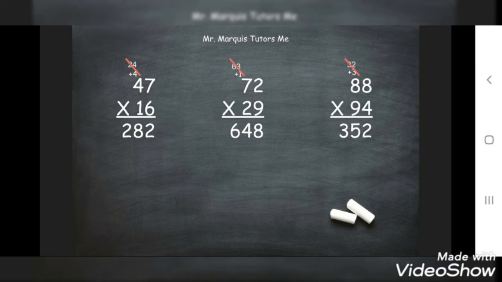Now, scratch those out. Those that you carried over, scratch those out, because now we have a tens place that is also being multiplied by that. Now you'll do the same thing. Now you'll take the tens place, multiply it by the ones place and the tens place. So the 1 gets multiplied by the 7 in the first question. Going back to the first problem, 1 times 7 and then 1 times 4 is essentially 10 times 7.